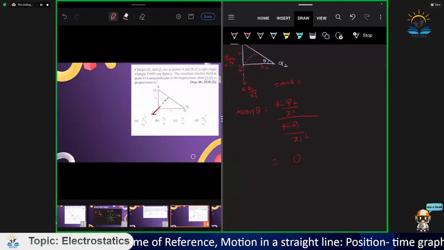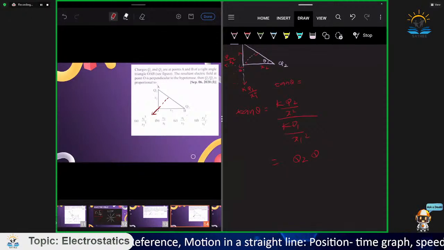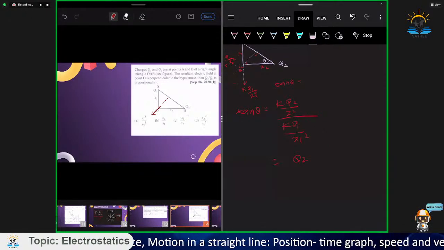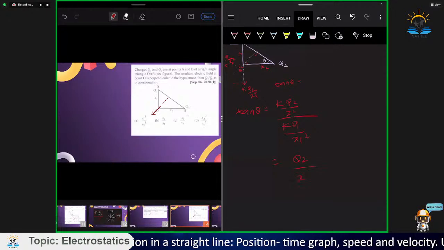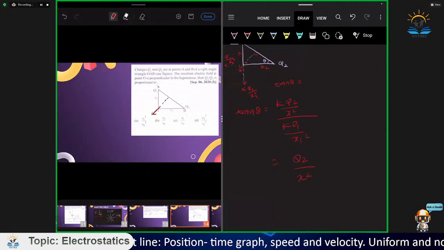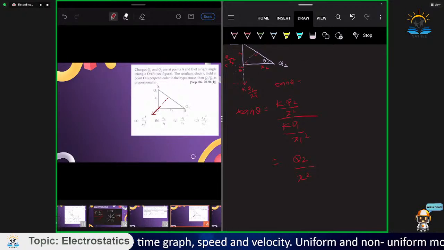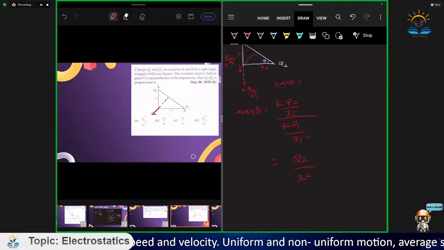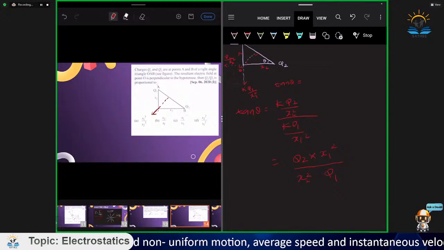This turns out as q2 by x2 square into x1 square by q1. Easy.